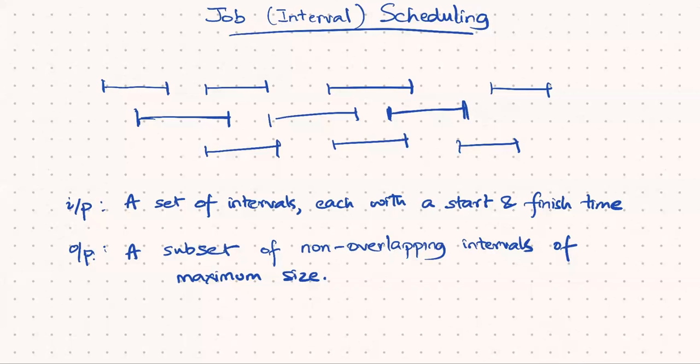So maybe if you come back to this picture, does it work for this particular case? Okay. So maybe, if you look at this interval, it has just one overlapping interval, right? And there is no interval here that has no conflicts, no overlapping interval.